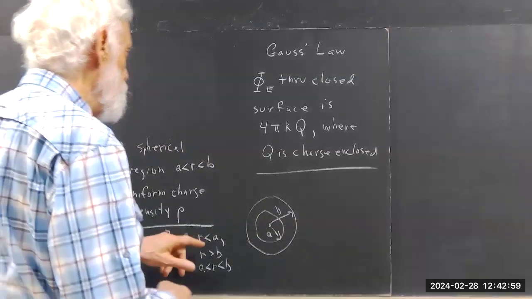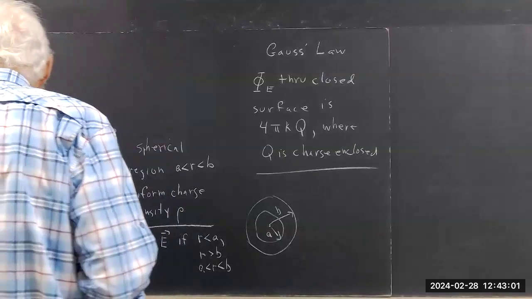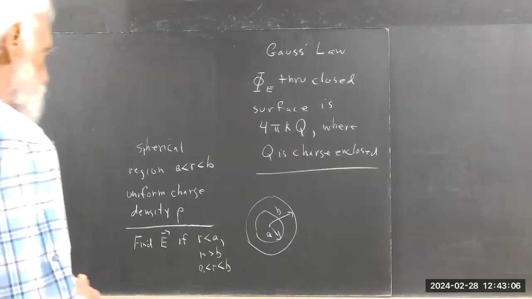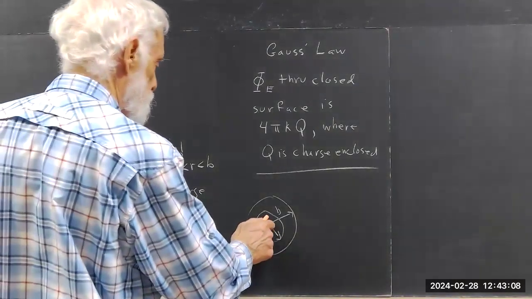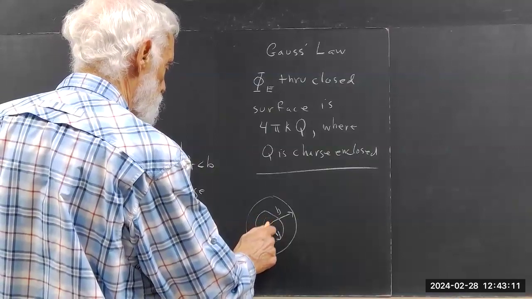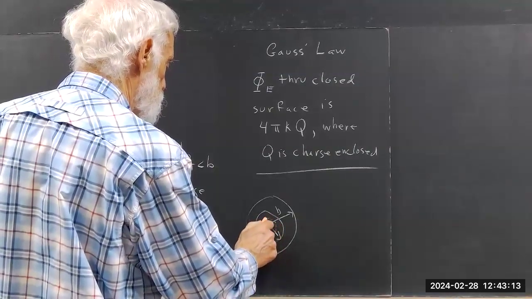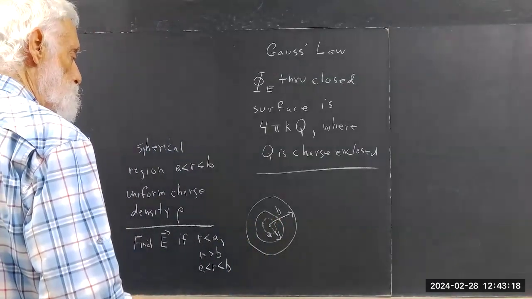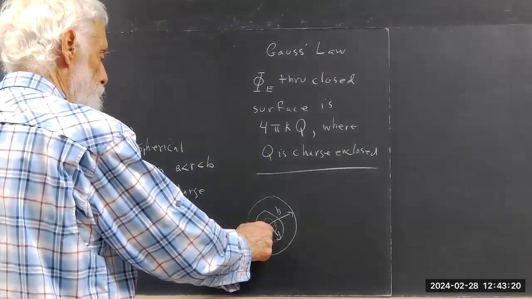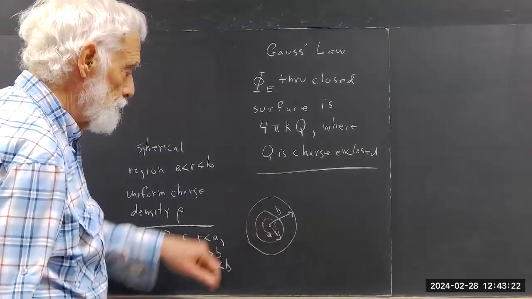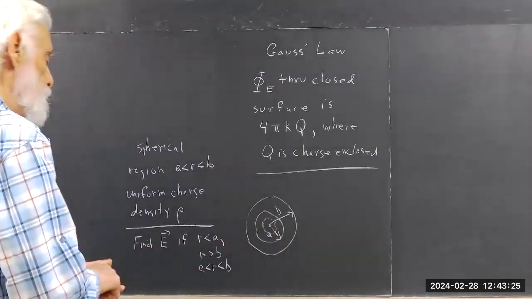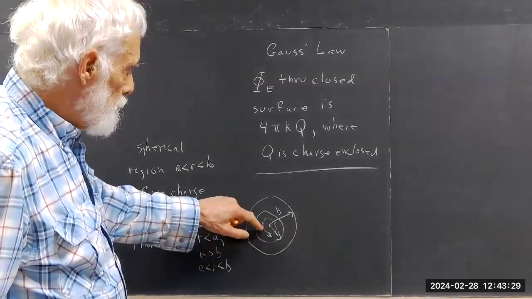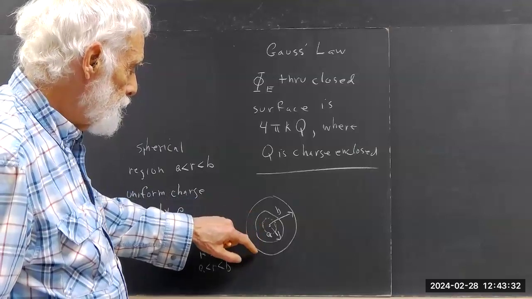So r can be less than a. If r is less than a, we want to look at a Gaussian surface, a sphere centered at the center of the spheres, where the radius of this thing is less than a.